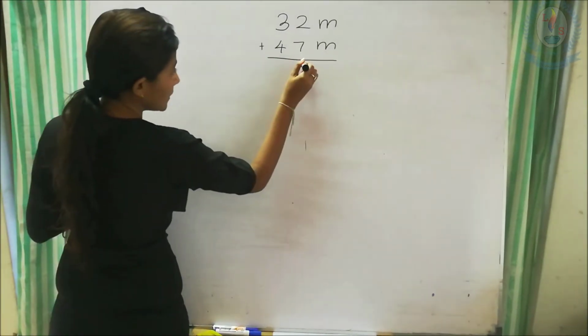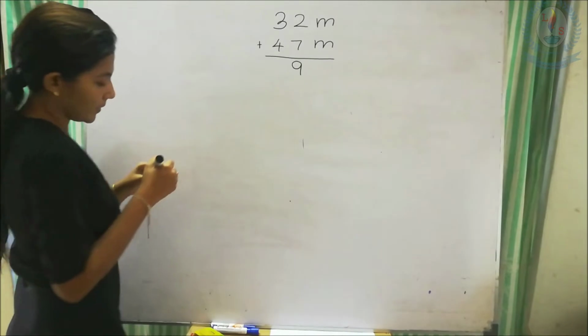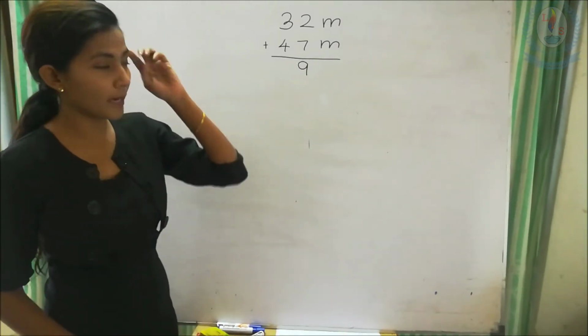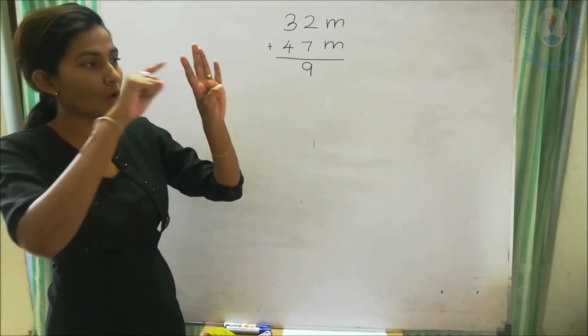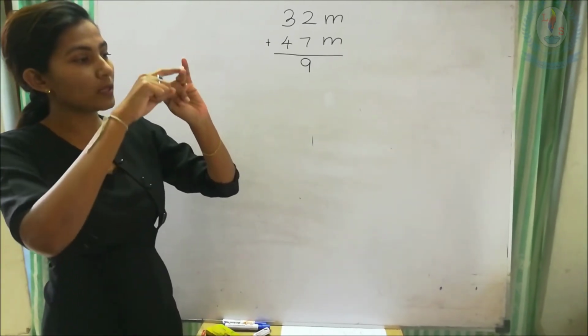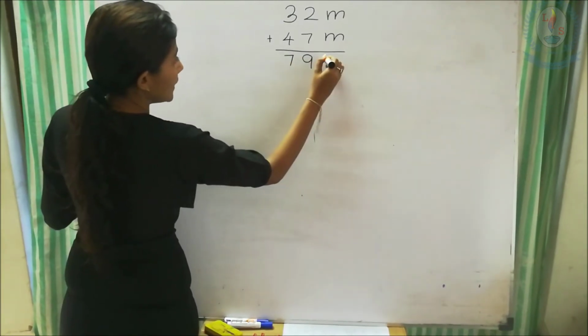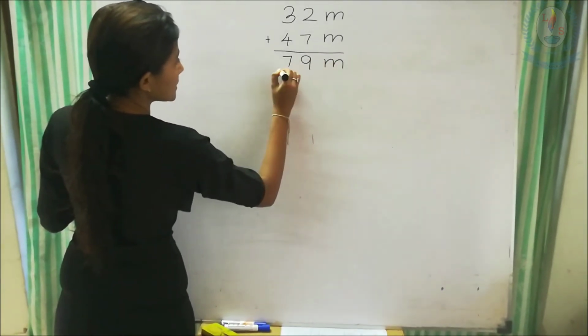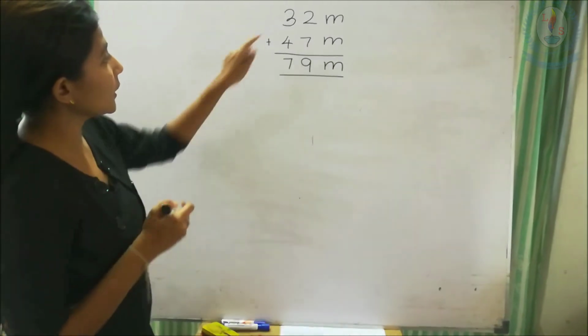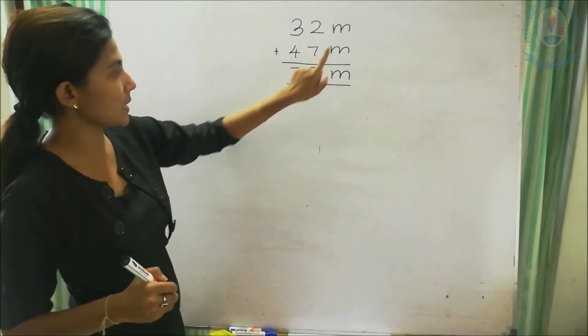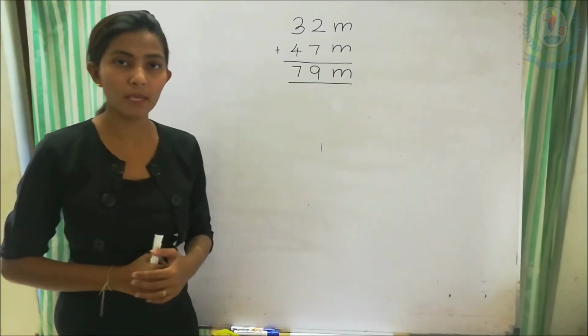Okay, we got 9. Then 3 plus 4. 3 in your mind, 4 fingers. 3, 4, 5, 6, 7. Then we got 79 meters. So, 32 meters plus 47 meters is 79 meters.